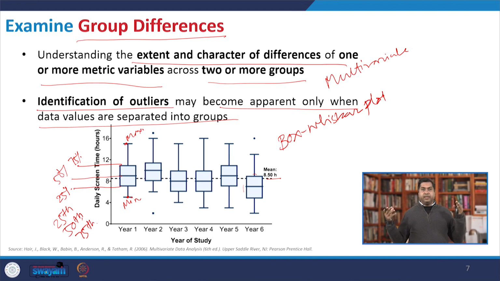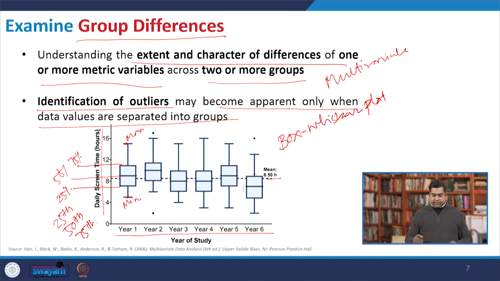Whether it may be exam marks, a score, or any other countable form that you collect, you can always see how much information is available at the 25th percentile. Then in this particular comparison, it is different years of students, and this is the daily screen time.